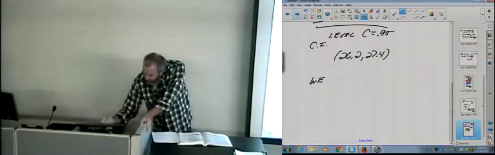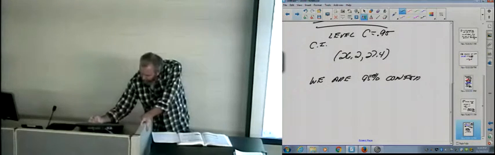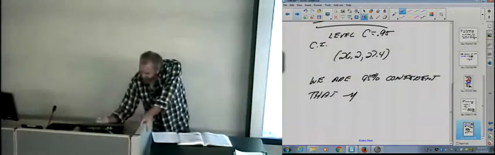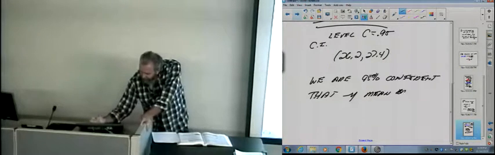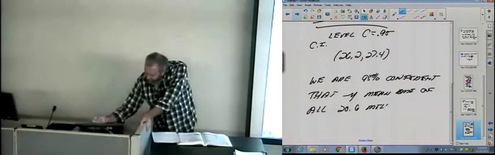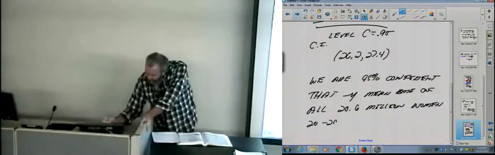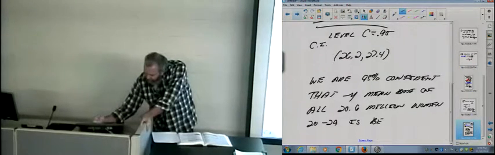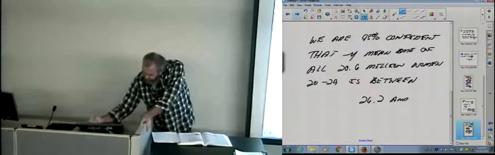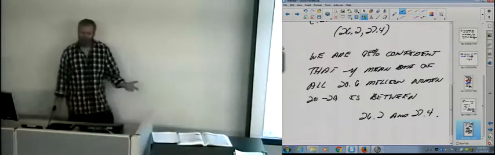We are 95% confident that mu, the thing you were trying to estimate, remember, that is the mean BMI of all 20.6 million women 20 to 29, is between, what is it, 26.2 and 27.4.